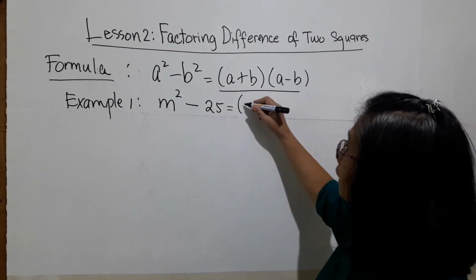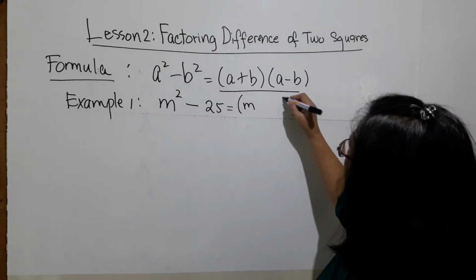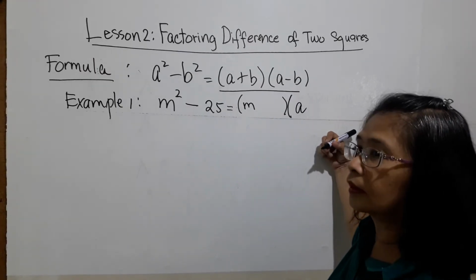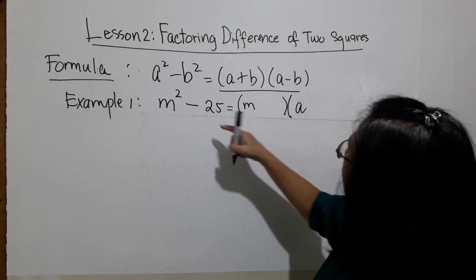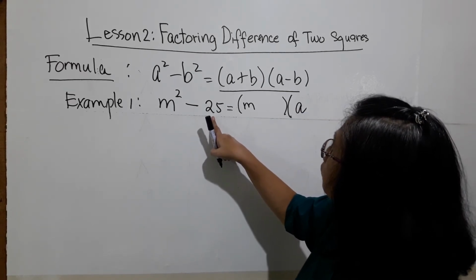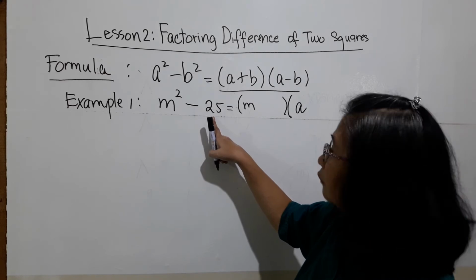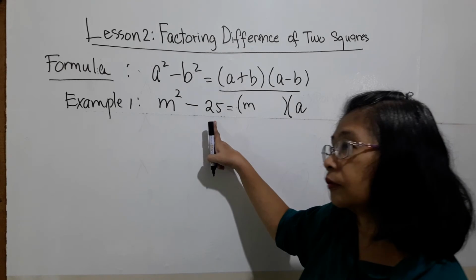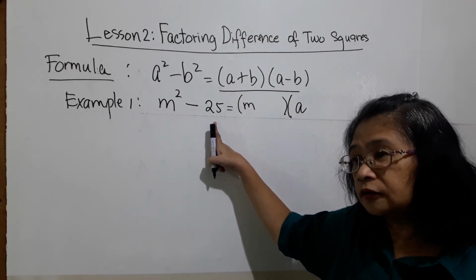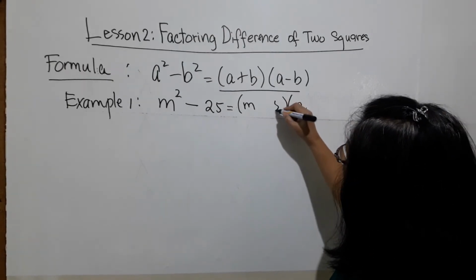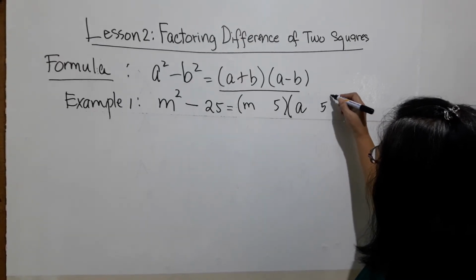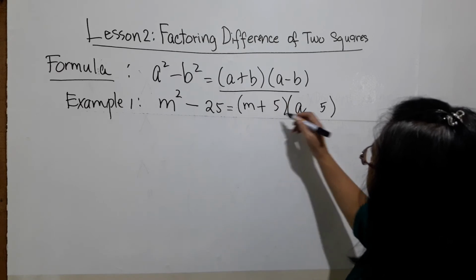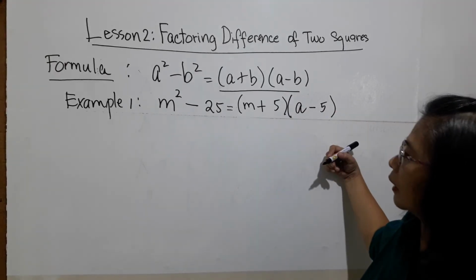So it is m. You write m here, and the other factor should also have m. Then, what number multiplied to itself will give you 25? Or the square root of 25 is 5. So I write 5 here, and also 5 here. Then follow the operations, plus for the first factor, minus for the second factor.